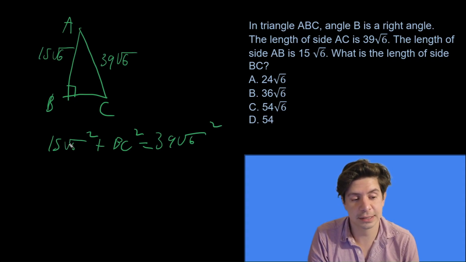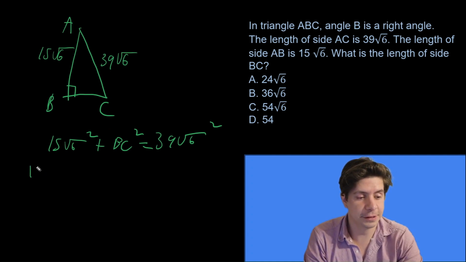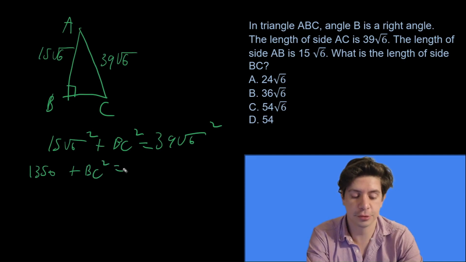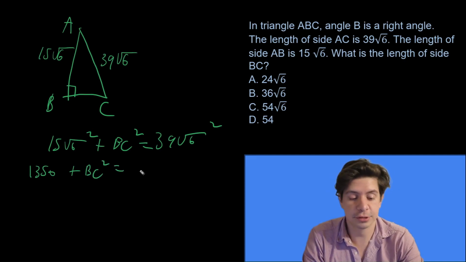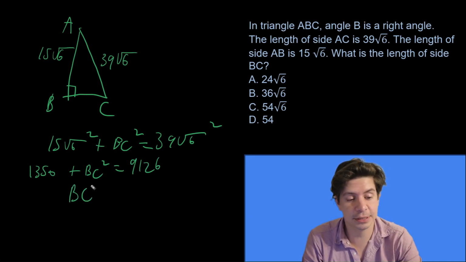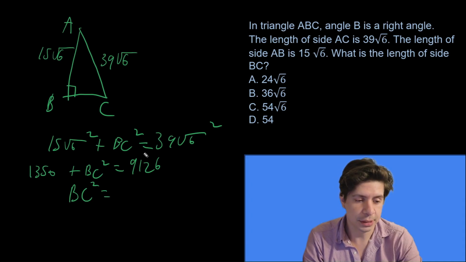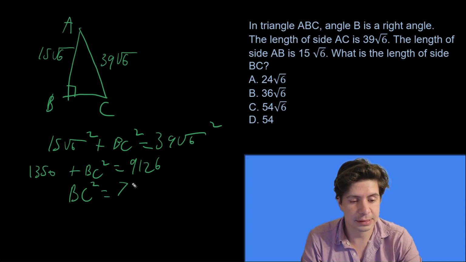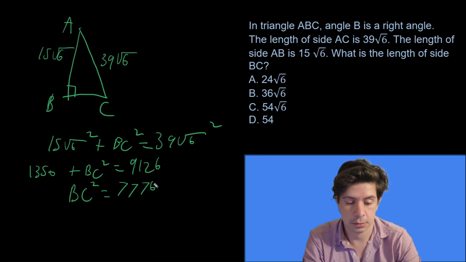Times 6 is going to be, anyone? That's right, it's going to be 1350, plus BC² equals (39√6)². That's going to be 9,126. When you subtract, we're going to get BC² equals 7,776.